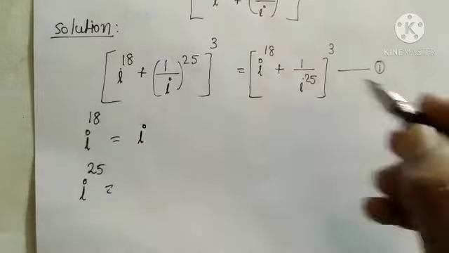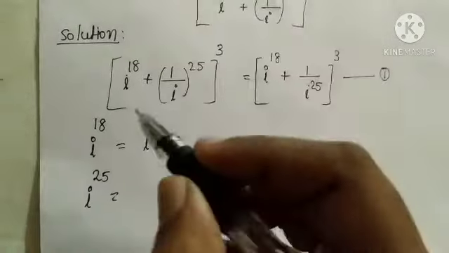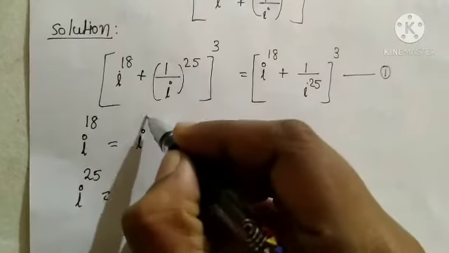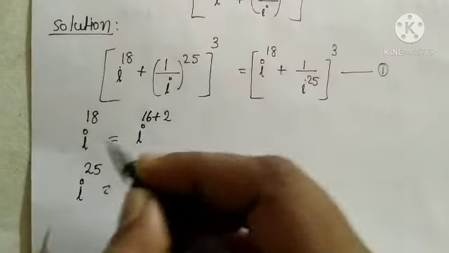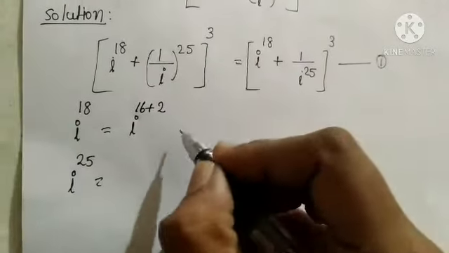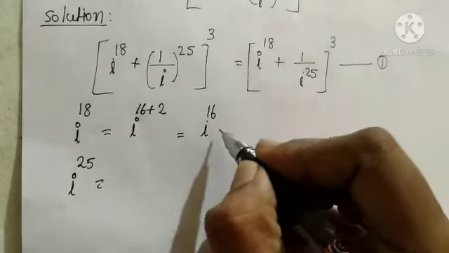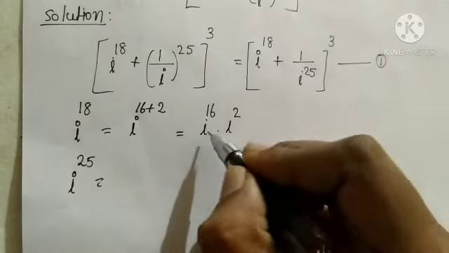We know that 16 is the nearest multiple of 4, right? So this can be written as 16 plus 2. i raised to 18 can be written as i raised to 16 plus 2, which is i raised to 16 into i square.